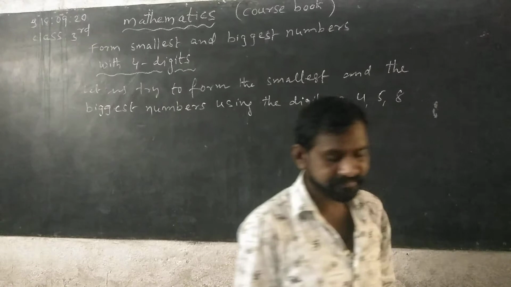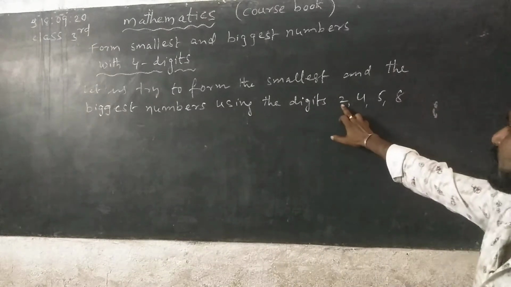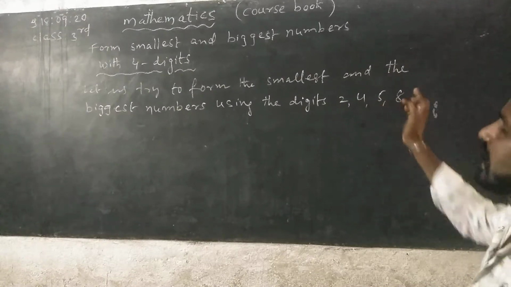See here. So the given digits are 2, 4, 5, 8.